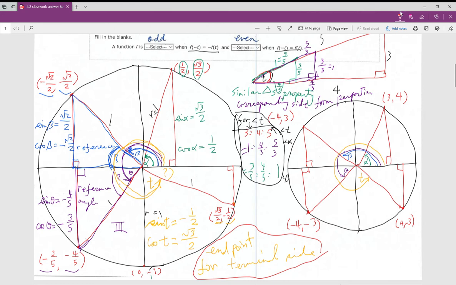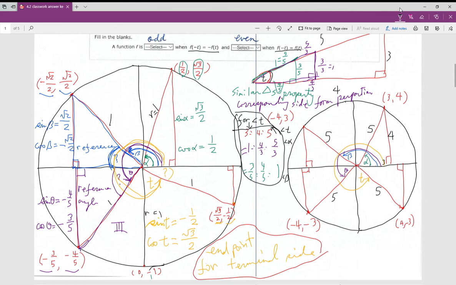And then if we don't have the radius 1, how about if we have radius 5? What happens? So next, I give you 3 and 4, so this should be 5. We're supposed to be very familiar with 3, 4, 5, this very special triangle. Here this is 4, this is 3, on the first quadrant.